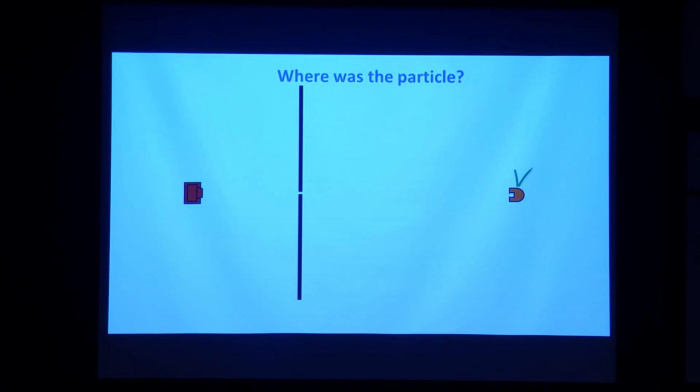Okay, so now can we agree that the photon went through this hole? It's a question. Yes. So everybody agreed the photon went through this hole. And do you agree that this is a meaningful physical statement?